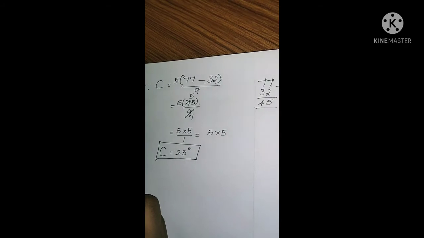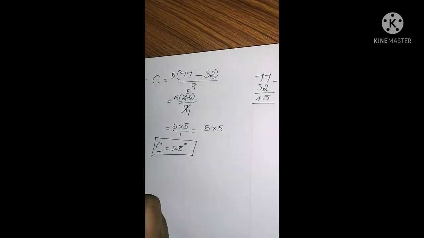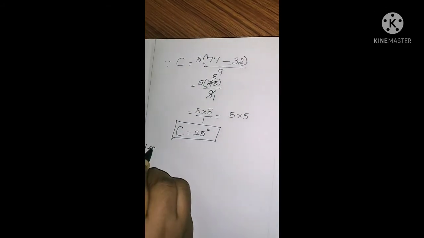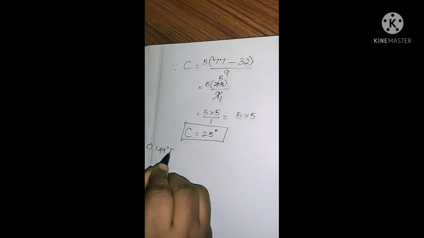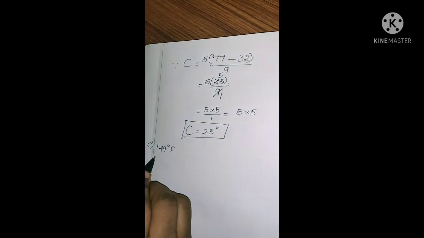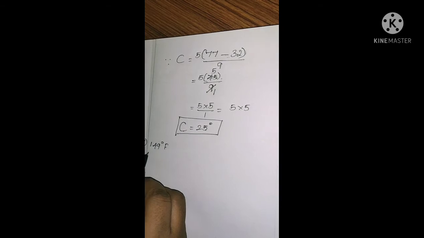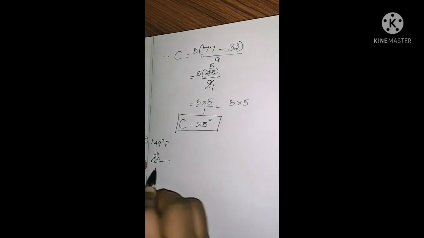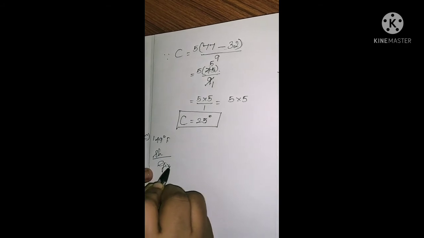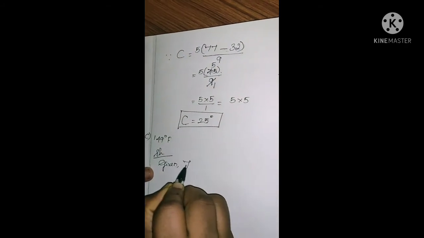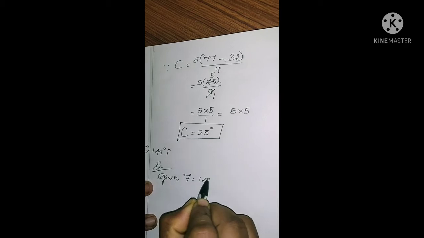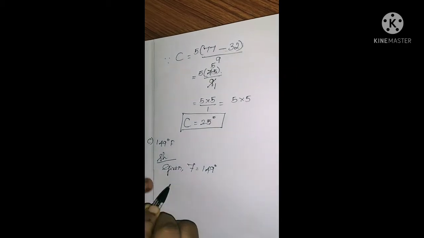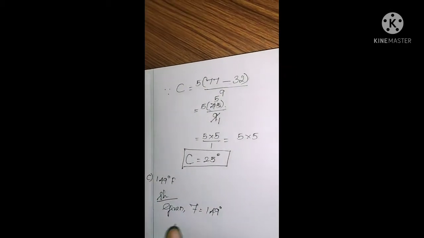Then the C question. What is given in C? That is 149 degrees Fahrenheit. This value you have to convert into Celsius. Now the solution. First we want to write given. F is equal to 149 degrees.